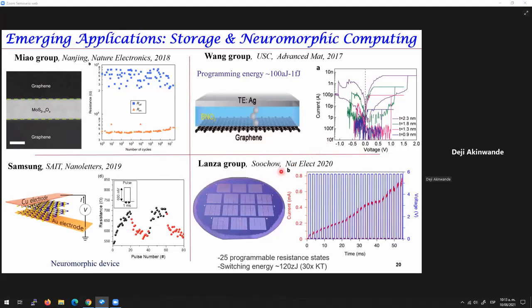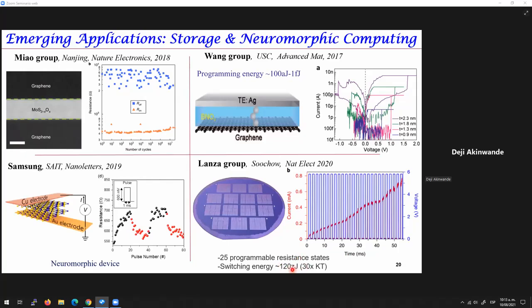And very recently, a collaboration we enjoyed very much with Mario Lanza's group, who is now at KAUST in Saudi Arabia. We showed 24 programmable resistance states for neuromorphic computing, demonstrated an artificial neural network, and very importantly, switching energies.